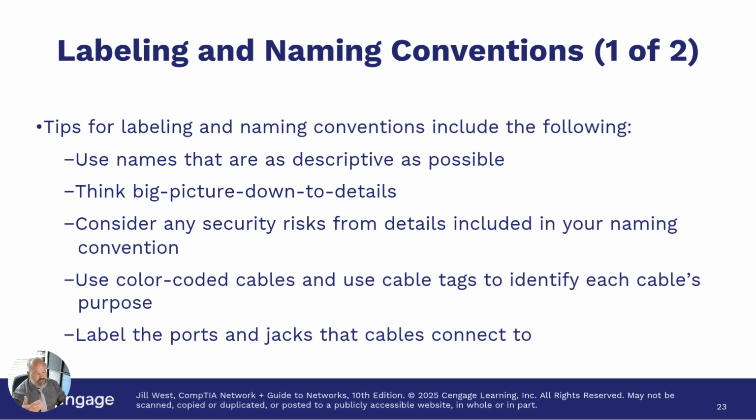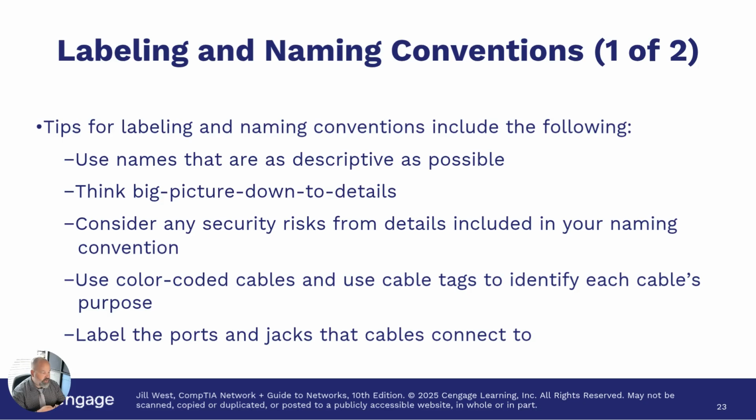So it would be much more descriptive and easier for you to locate if you said like Southwest switch, or just switch 1, maybe floor 3, east hallway. That's going to be a lot more beneficial for me if I'm trying to troubleshoot than just putting switch 1, switch 2, switch 3. You need to think big picture to details. Start with a location, then get specific.